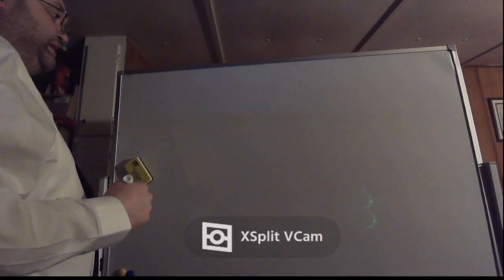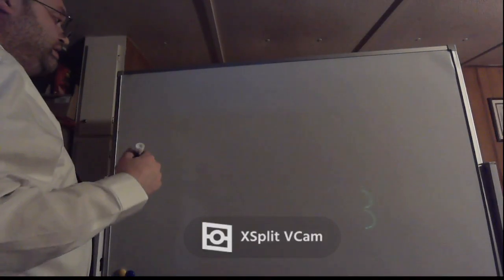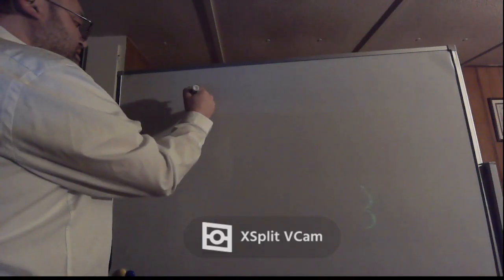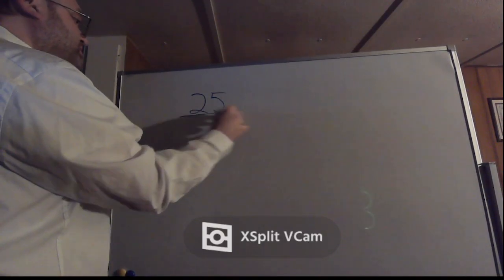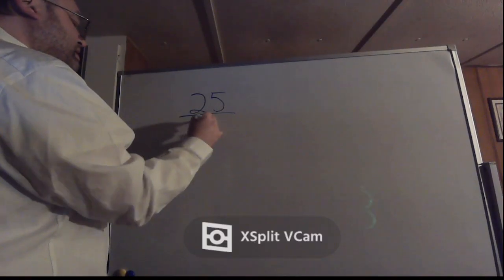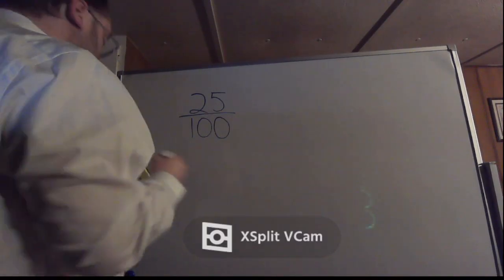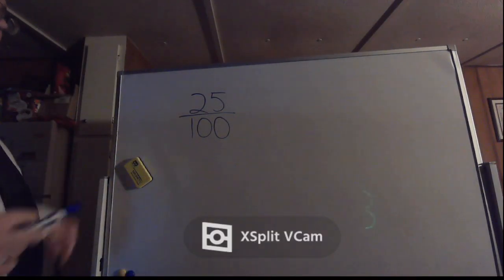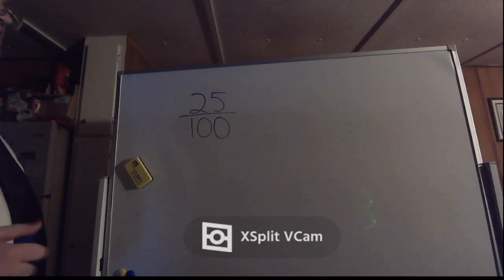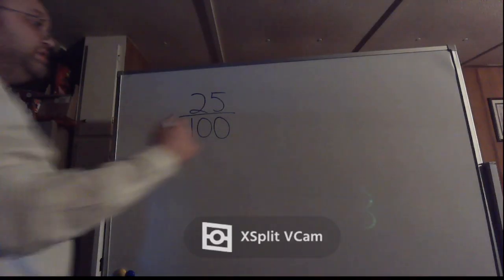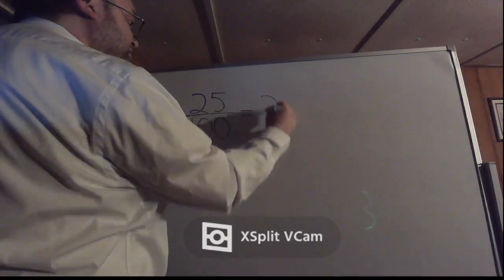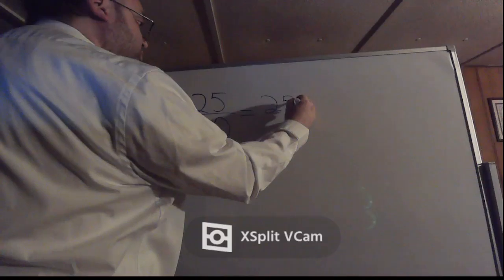Okay, let's see here. How about 25 out of 100? Do either of those have a common factor of 25? They actually do, because 25, you can do 25 times 1 as a factor.